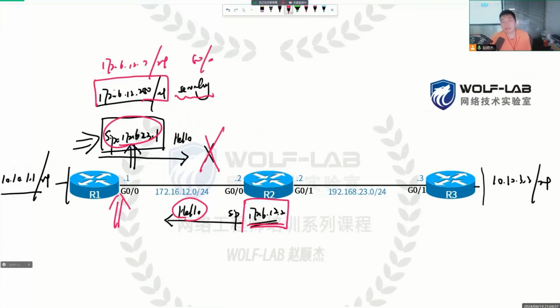R1 now has an auxiliary address on the interface. Although it cannot actively send messages, this auxiliary address also generates the direct route corresponding to the interface in the routing table, so it can be accessed. R1 received a hello packet.